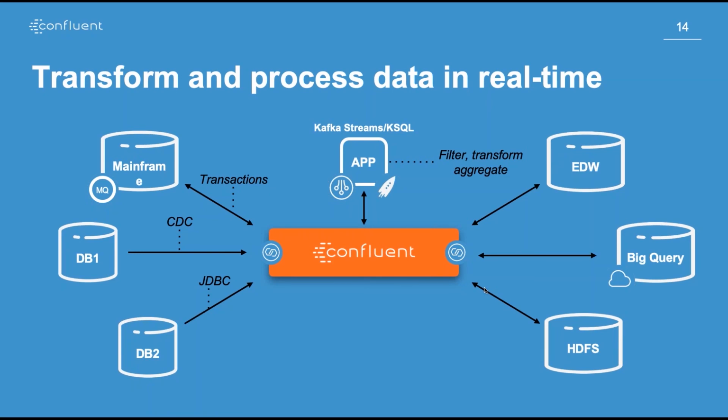Once the data has arrived into the Confluent platform through the Kafka Connect framework, we're able to do a couple of different things. The Kafka Connect framework is also able to output this data to enterprise data warehouses, as well as maybe Hadoop data stores based on HDFS.